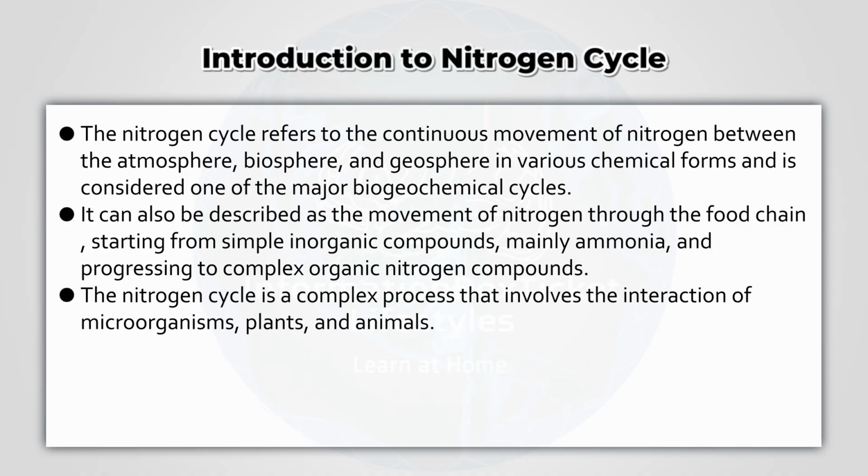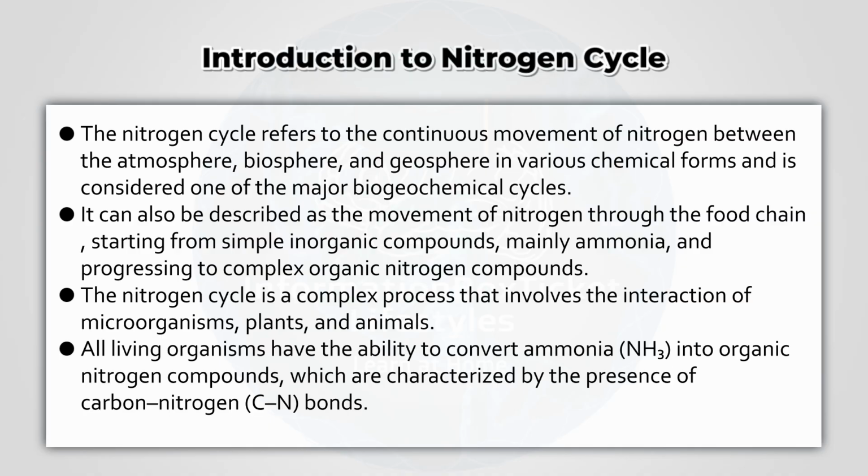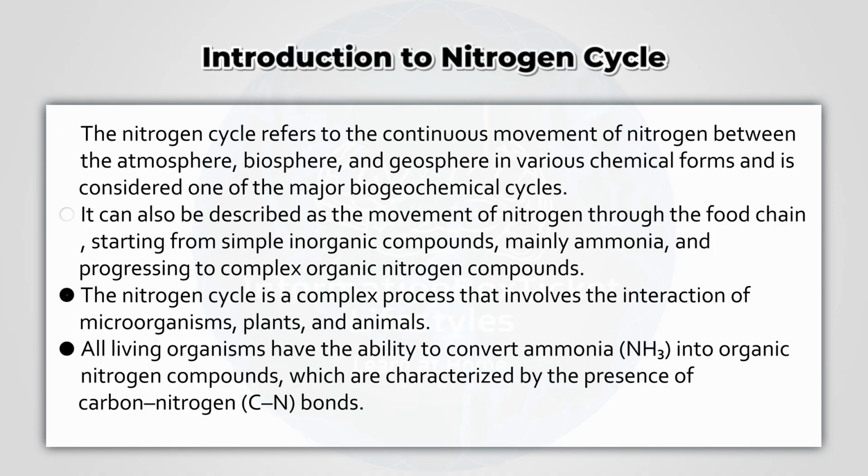The nitrogen cycle is a complex process that involves the interaction of microorganisms, plants, and animals. All living organisms have the ability to convert ammonia, NH3, into organic nitrogen compounds, which are characterized by the presence of carbon-nitrogen, C-N bonds.